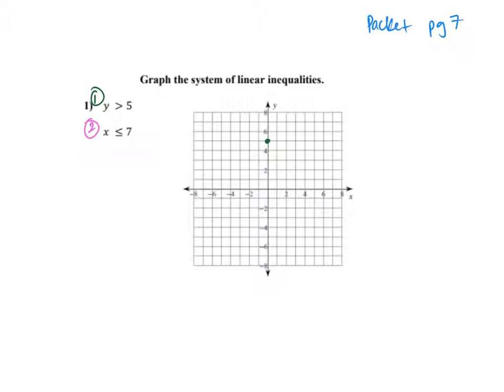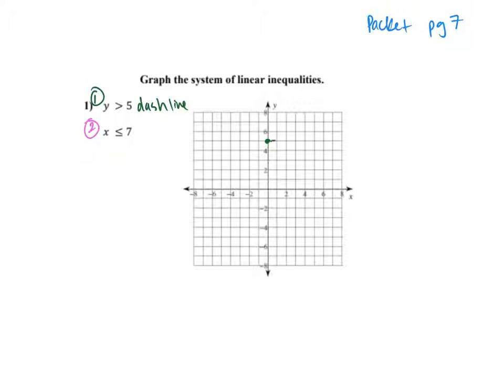When you plot it, it needs to intersect the y-axis here. Notice how it's going to be a horizontal line, because this line represents all of the y values that are 5. When I draw this line, it needs to be a dashed line, because notice the inequality doesn't have an equal sign.